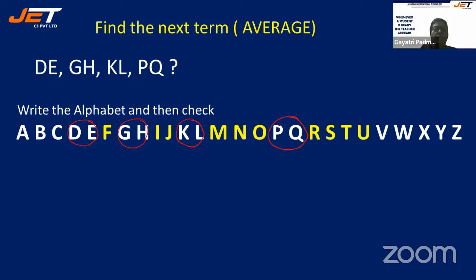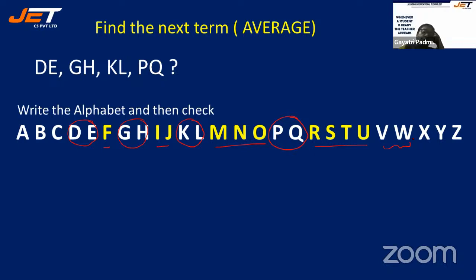Right, students? So if you see, after DE, one letter is left. After GH, two letters are left. After KL, three letters are left. So after PQ, four letters you should leave, so that you can arrive at VW. Yes. So let's see the answer. Your 1 minute is already over, students.